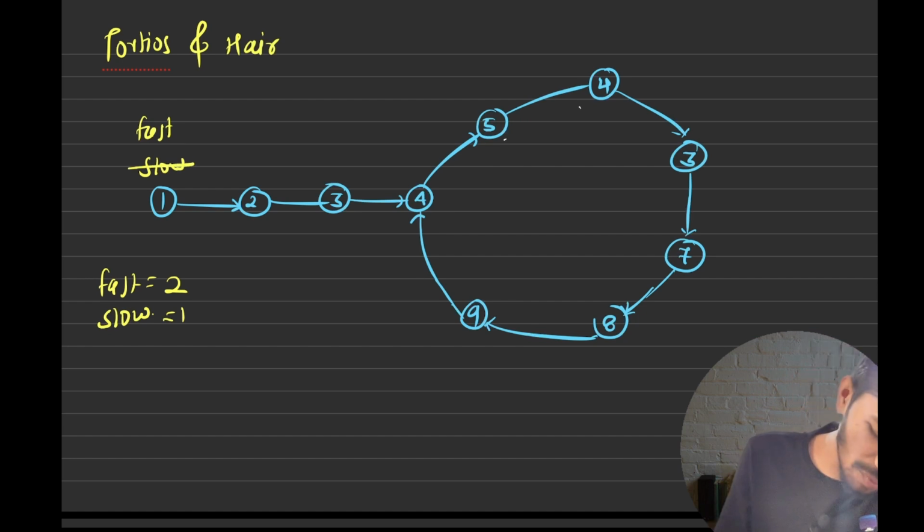Then I will move my slow by 1 position and my fast by 2 positions.